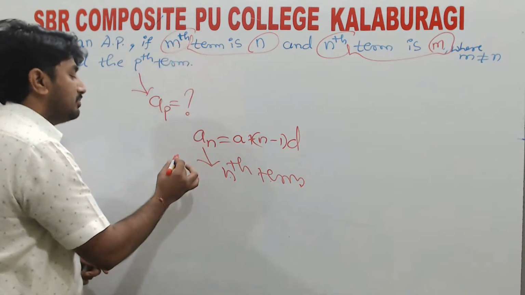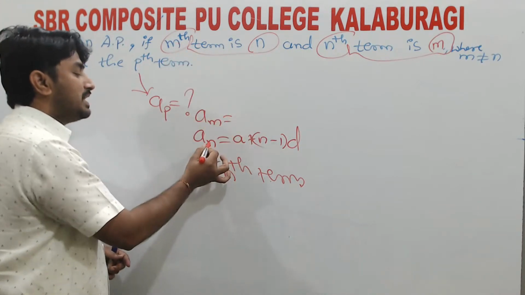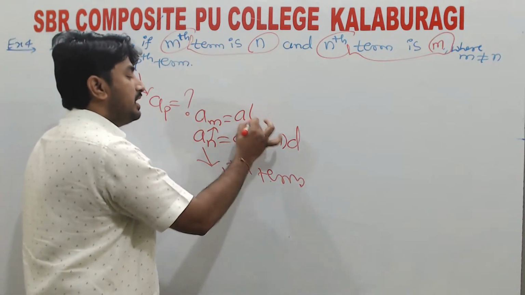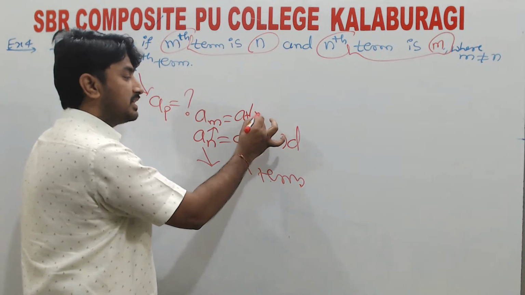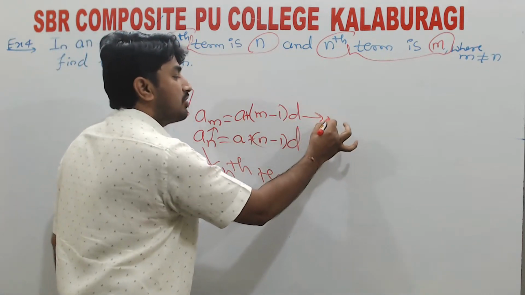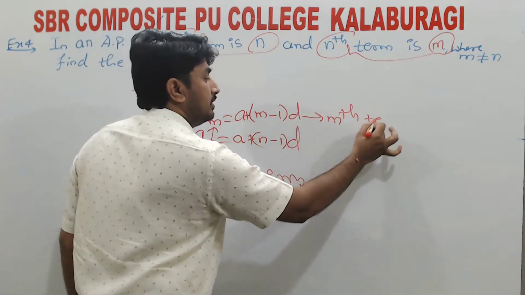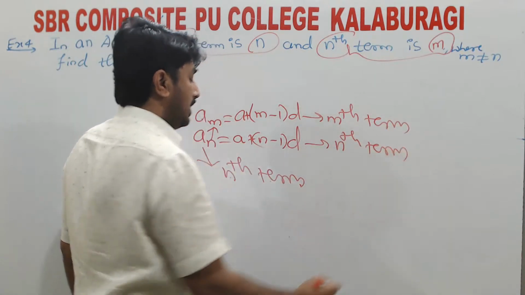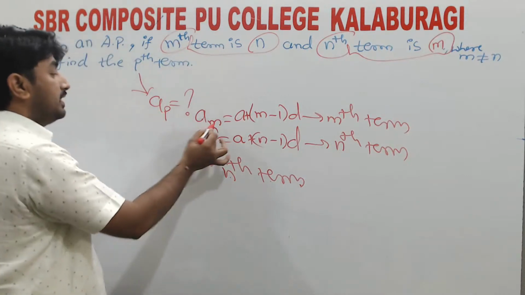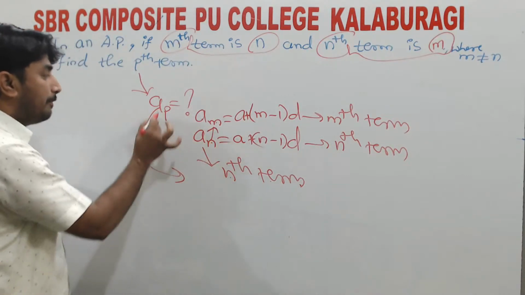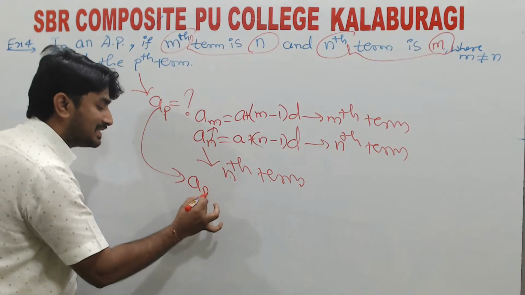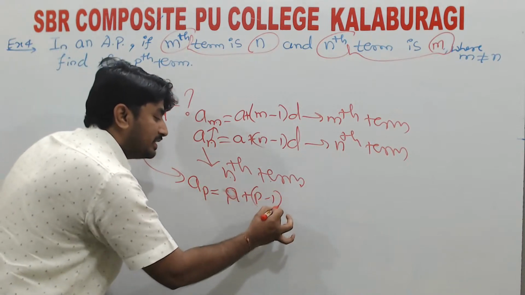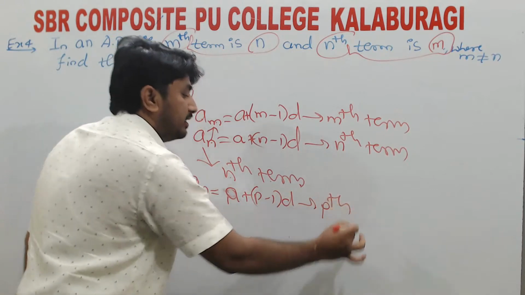Similarly, the mth term can be written by replacing n by m: a m equals a plus m minus 1 into d. It is called the mth term, and this is the nth term. And for the pth term, generally a plus p minus 1 into d is called the pth term.